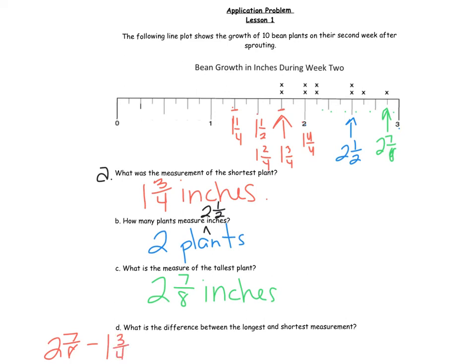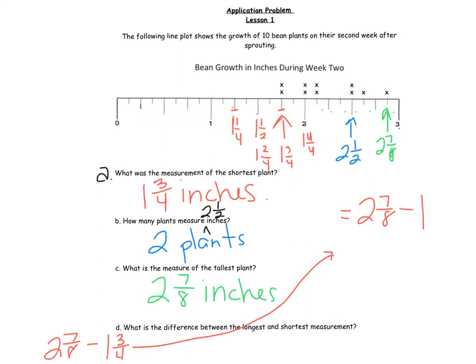So in order to solve this, I need to get a common denominator. So I'm going to solve this over here. So I'm going to have to get a common denominator. So I know it's going to be 2 7/8 because I want to keep that. Not plus, goodness gracious.